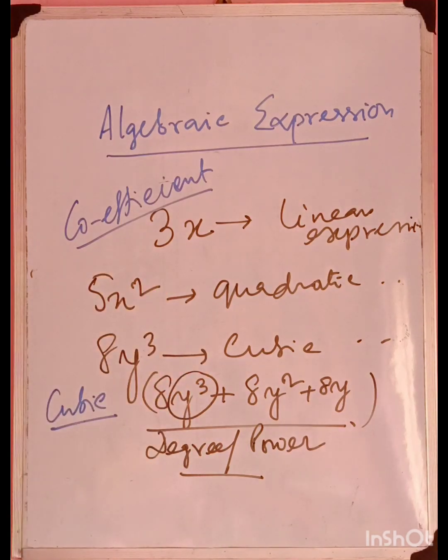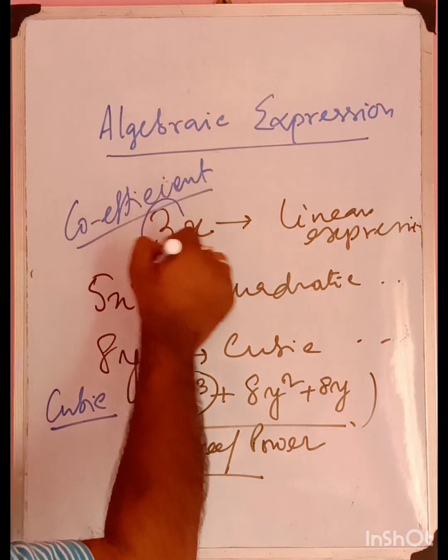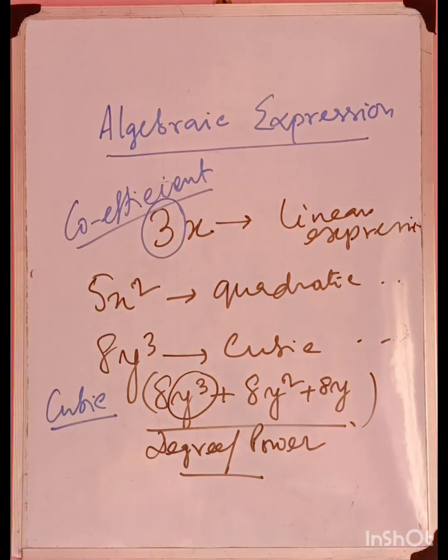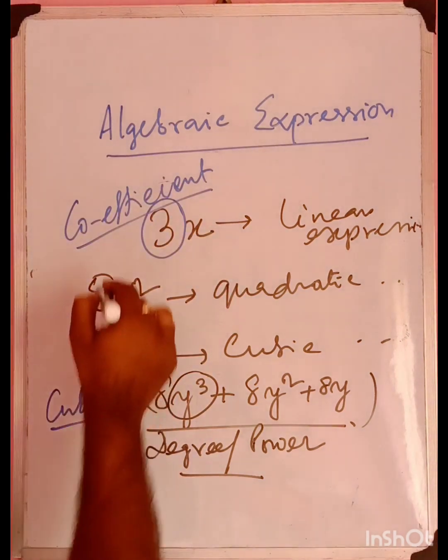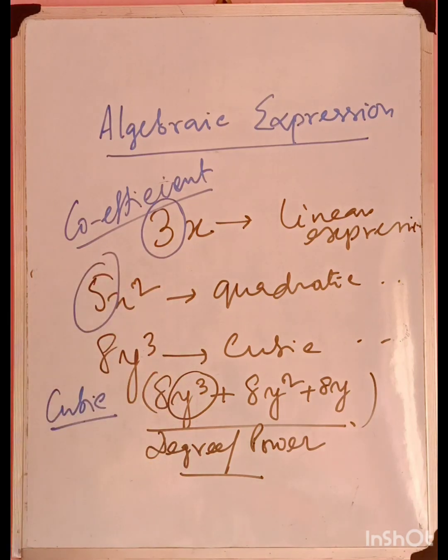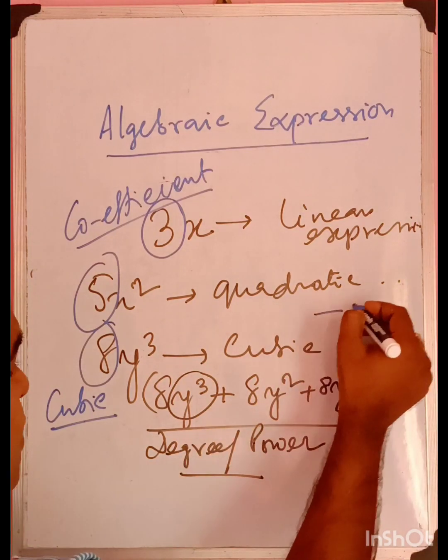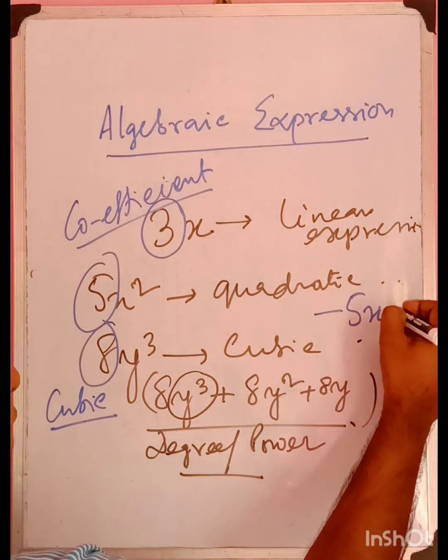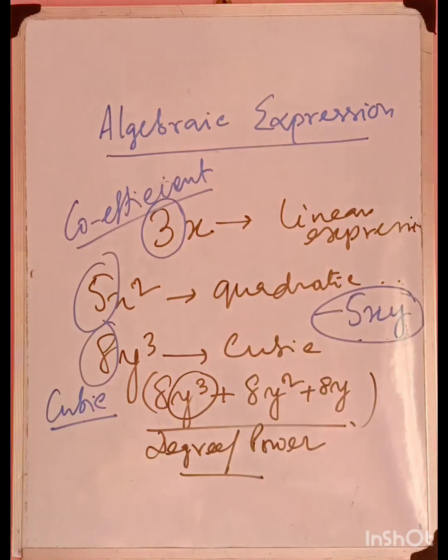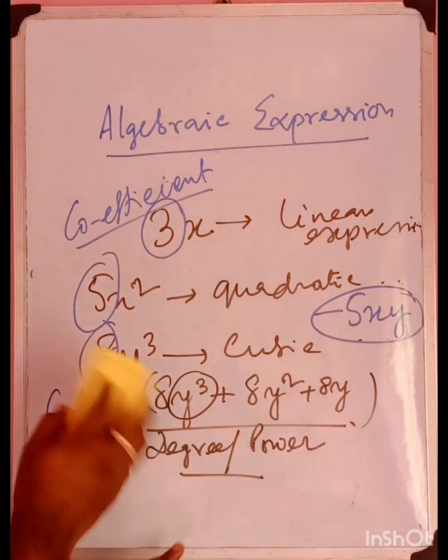So here 3 is the coefficient of x. Here 5 is the coefficient of x square. 8 is the coefficient of y cube. Okay. If it is written as minus 5xy, let us make it clear.